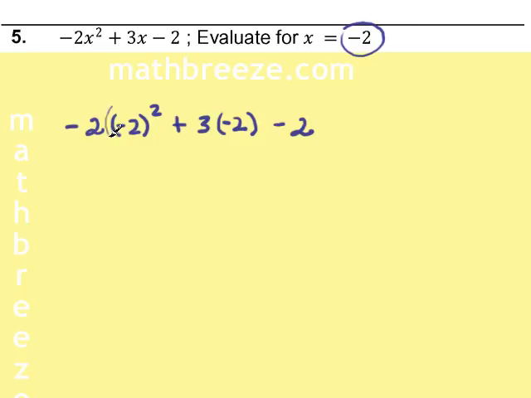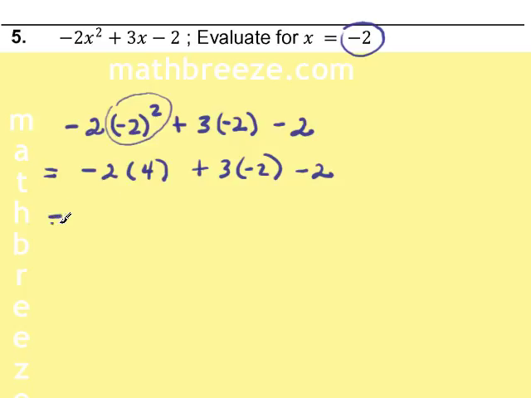First do minus 2 squared is a positive 4. And now going left to right, minus 2 times 4, that's negative 8. And here we have negative 6.